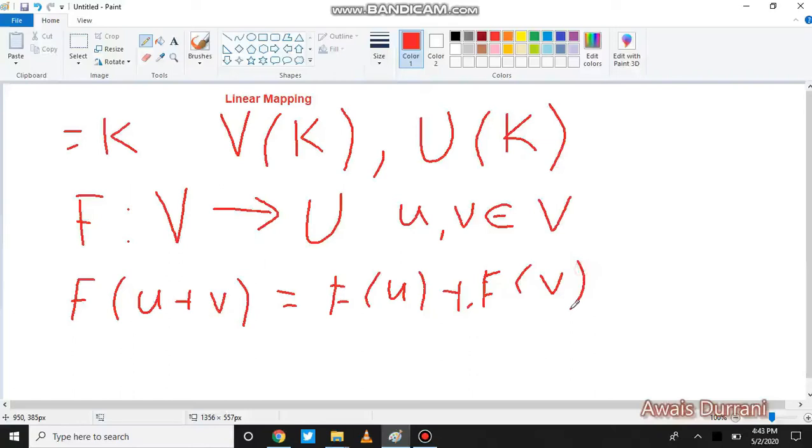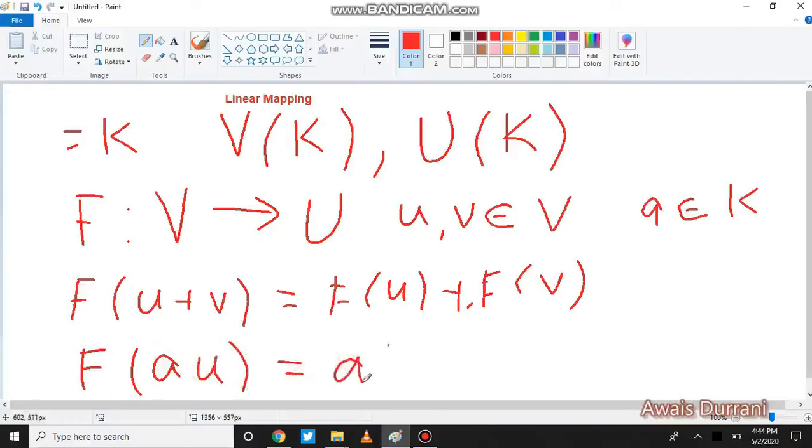If this property is satisfied, and there is another property: I have a scalar value alpha from the field K, and the function satisfies f of alpha times u, where u is an element of the vector space V, is equal to alpha times f of u.